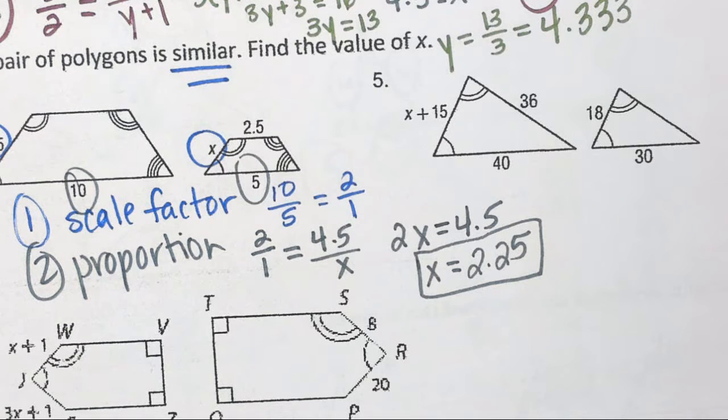If you can figure out what the scale factor is to begin with, like, for instance, if you notice that 18 times 2 is 36, but 30 times 2 is not 40, so you have to use new numbers on both of them.